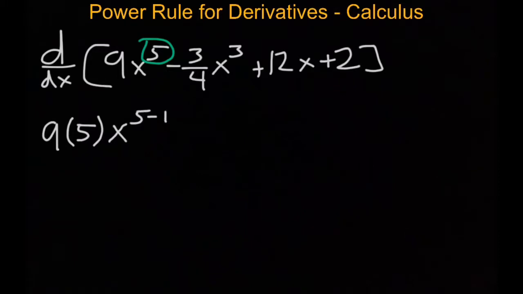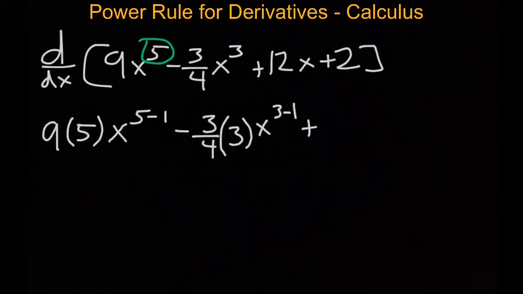For negative 3 over 4 x to the power of 3, we can write it out as 3 over 4 times 3 times x to the power of 3 minus 1. For 12x, our n value is simply 1. So for this, as we learned earlier in this video, 12x to the power of 1, the derivative is simply 12. For 2, any constant, the derivative will always be 0. So we just have 0.